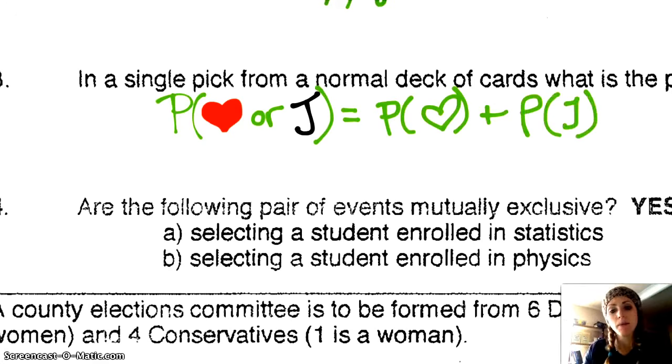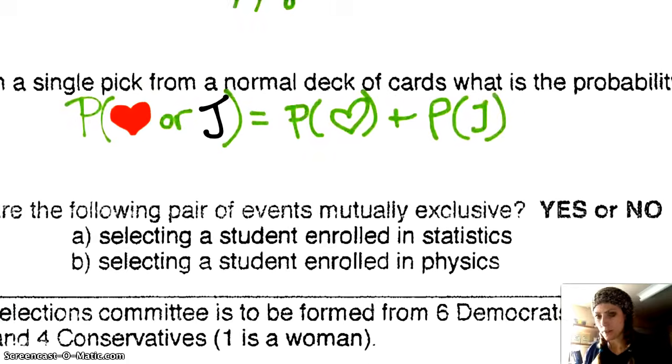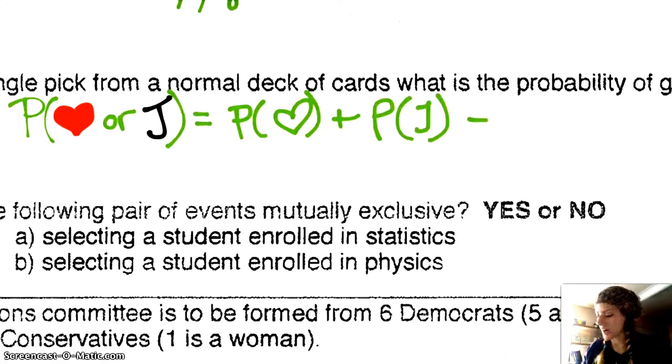And then the problem is, since there's an overlap, they're not mutually exclusive, you have to subtract out when both things are satisfied, because otherwise you're counting them twice. Okay, so then we would subtract the probability of getting a heart and a jack at the same time.